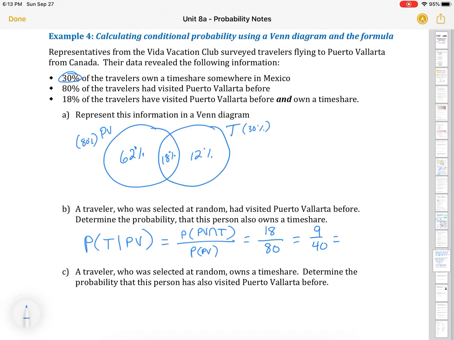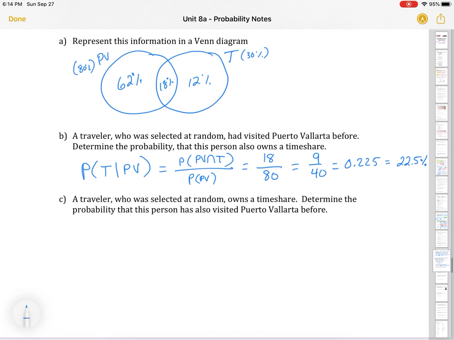We can also convert that to decimal if you'd like. 9 divided by 40 is 0.225, or 22.5%. Sometimes it's good to get those examples of writing it in different ways. You never know on a multiple choice how it's going to be expressed, so getting used to converting them is not a bad idea.